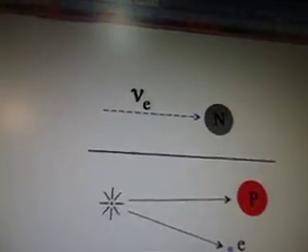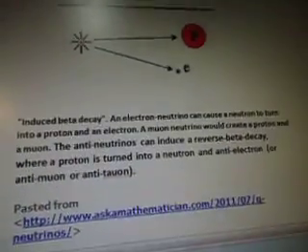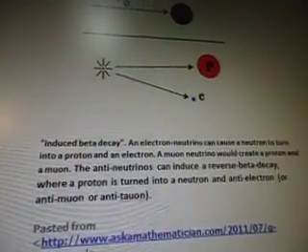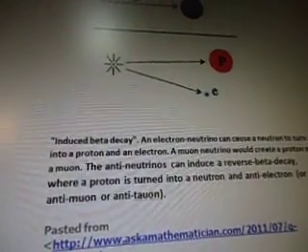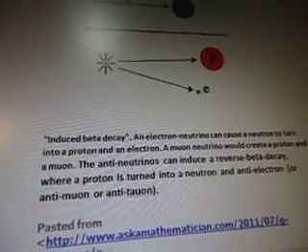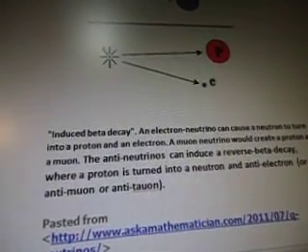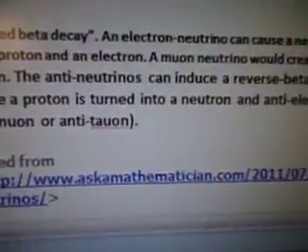An electron neutrino can cause a neutron to turn into a proton and an electron. A muon neutrino would create a proton and a muon. The antineutrinos can induce a reverse beta decay where a proton is turned into a neutron and an anti-electron, or anti-muon. And that's askthemathematician.com.